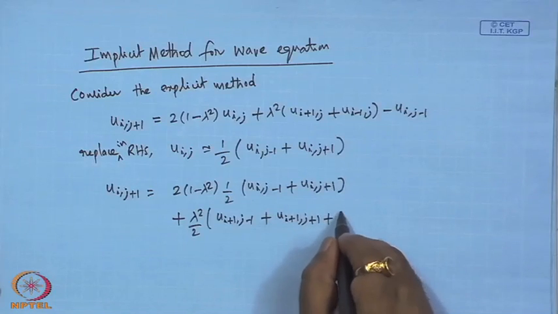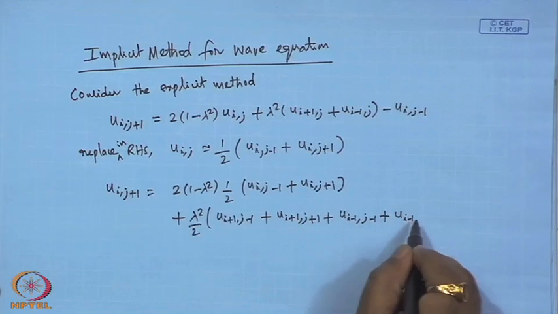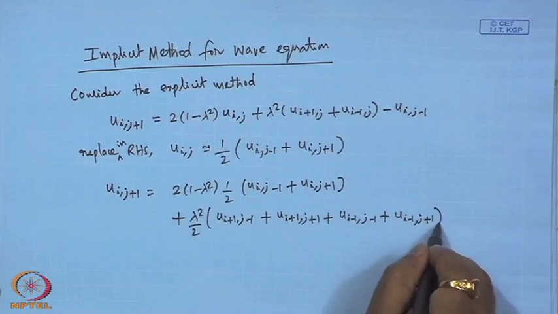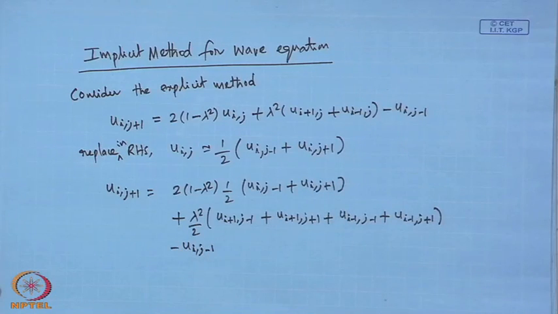Then for this term, since this is at j minus 1 we keep it. Okay.